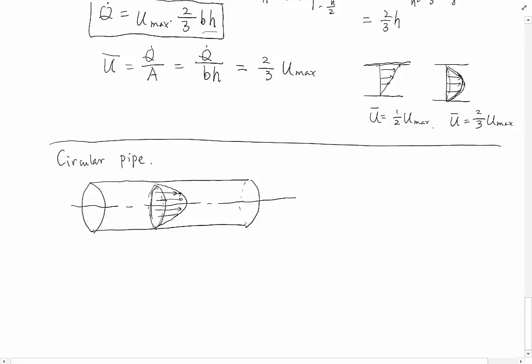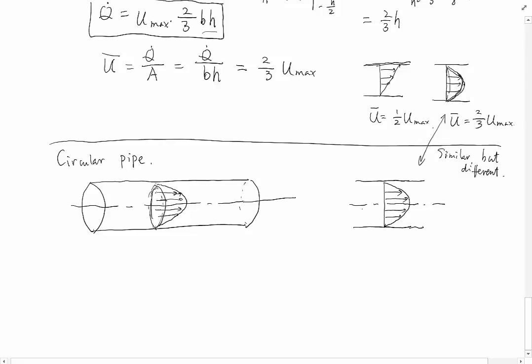And if we just look at this in a 2D view, it's not easy to distinguish this from flow between two parallel plates. You see, this and this are similar but different.